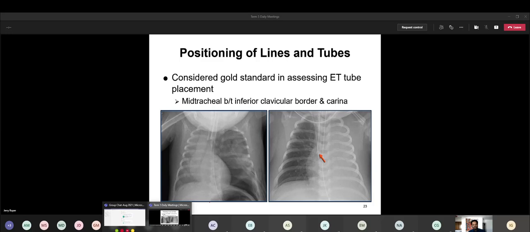Different authors are going to have different viewpoints on where the tip of the ET tube should be for an adult. But with babies, we say that if it's between the clavicles or slightly below the clavicles, it's in good position. So that saves you the trouble of having to estimate the appropriate height above in centimeters.